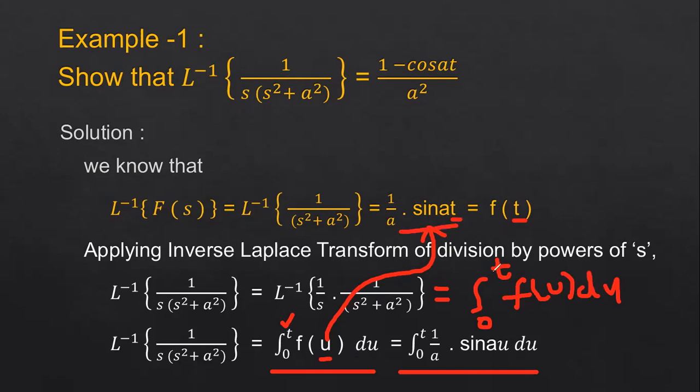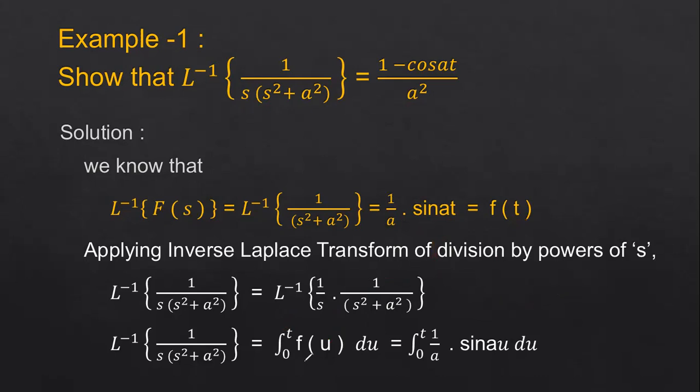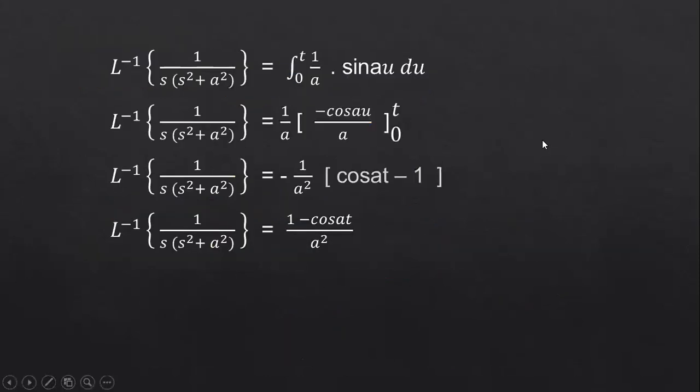So in place of f of u, you substitute 1 by a sin au, and in place of t, you substitute u: integral of 1 by a sin au into du. Sorry, integrate with respect to u. Here 1 by a is a constant which can be kept outside.